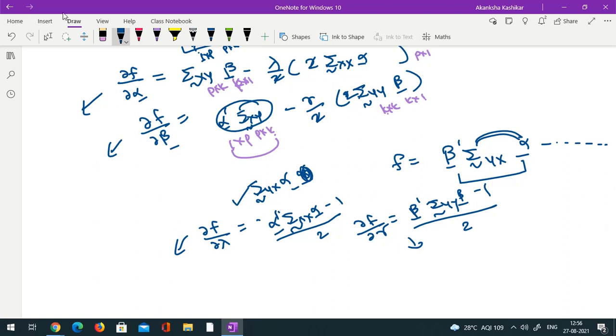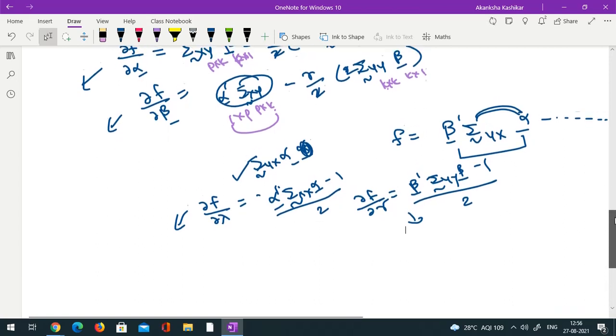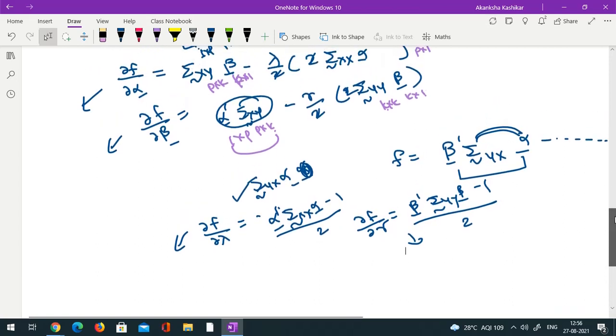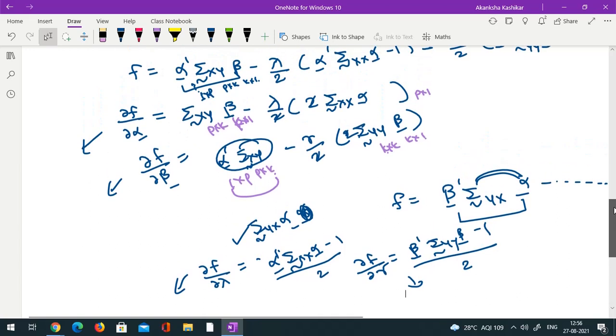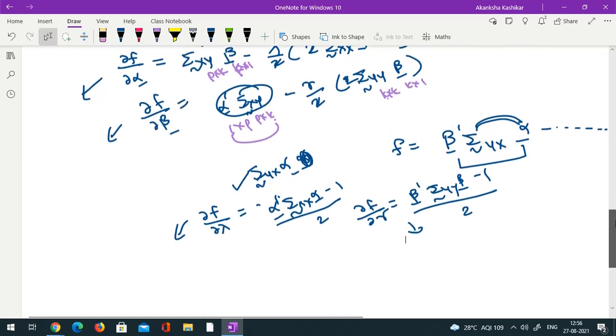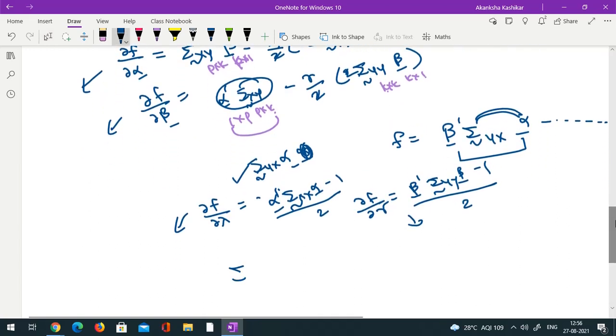So equating these 4 things to 0, what do I get? I get sigma xy beta equal to lambda times sigma xx alpha, or let me write in terms of equation itself: sigma xy beta minus lambda times sigma xx alpha equal to 0.